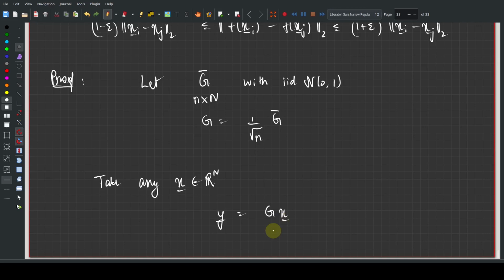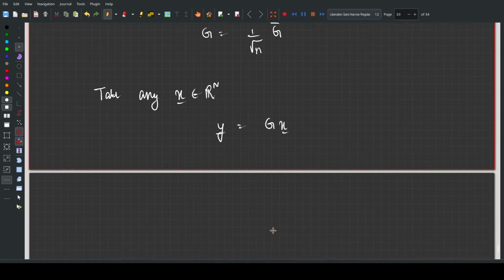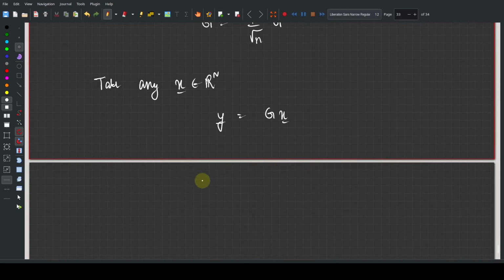Okay, let's see how this behaves. So the ith entry, what is it in terms of the entries of G and the entries of x?